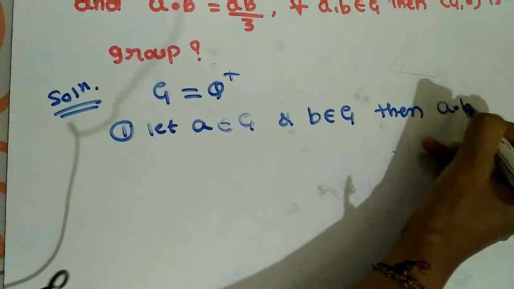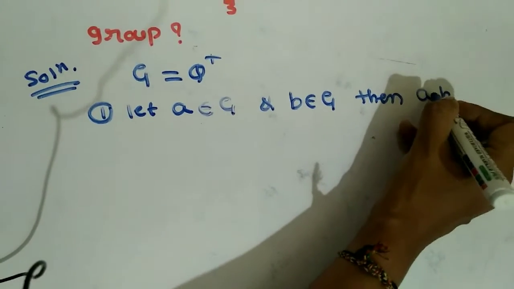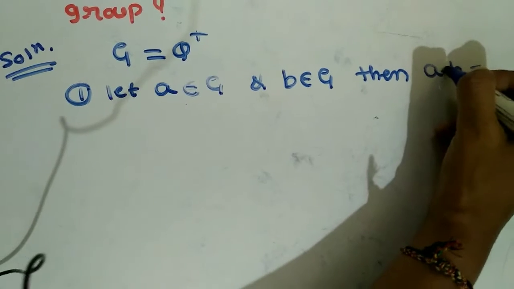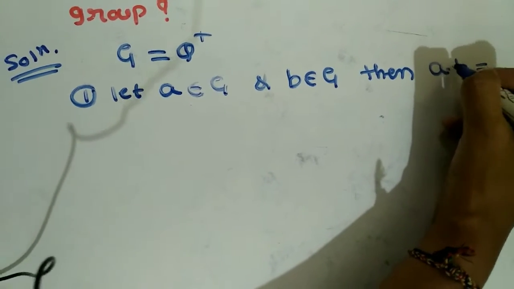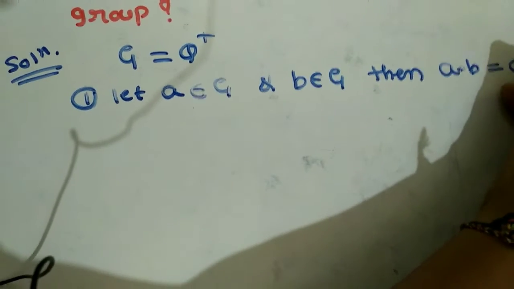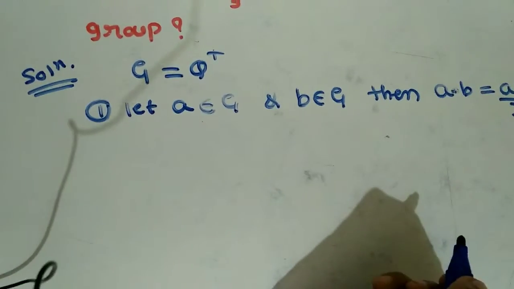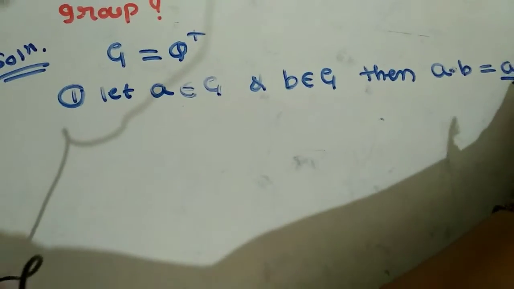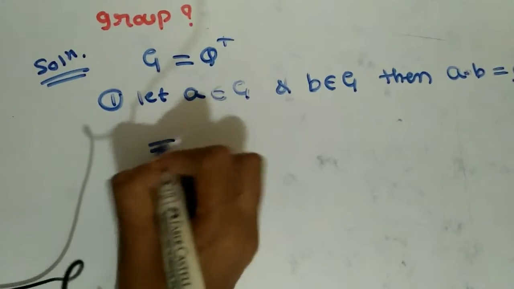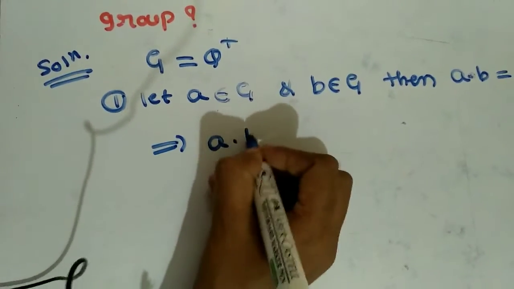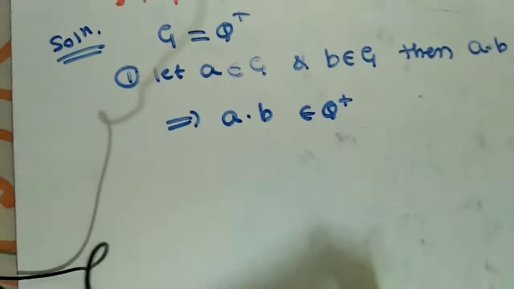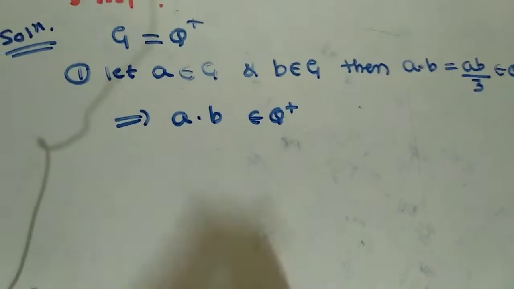This is my binary operation, and here this binary operation is multiplication. So a composition b, as they gave here, is the product ab divided by 3, and this also belongs to the positive rational numbers. Therefore a composition b belongs to Q plus. Therefore the closure law is satisfied.